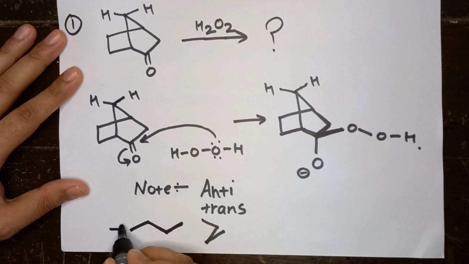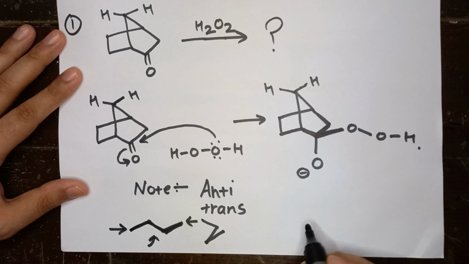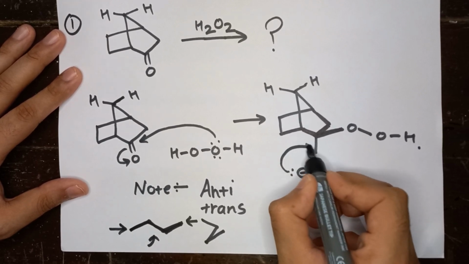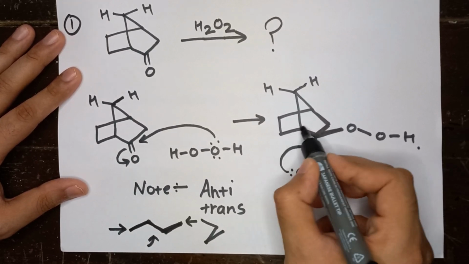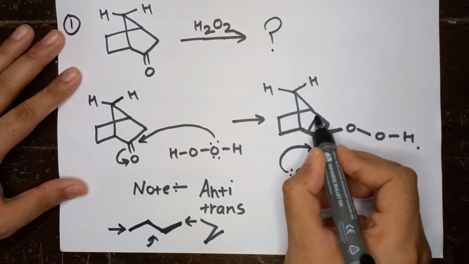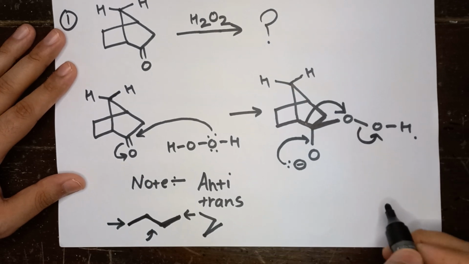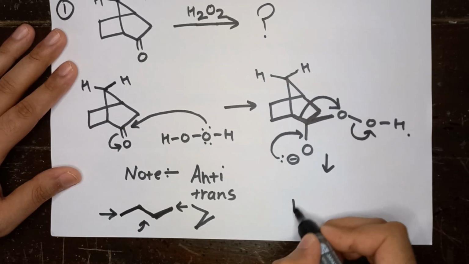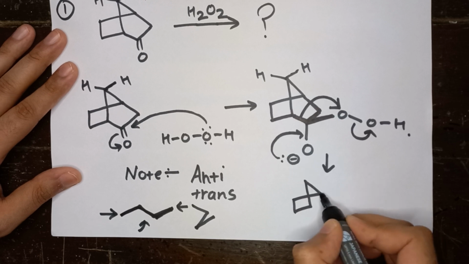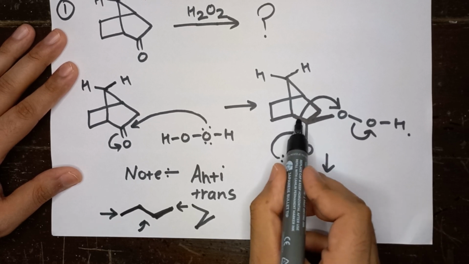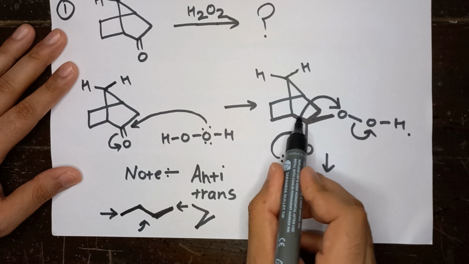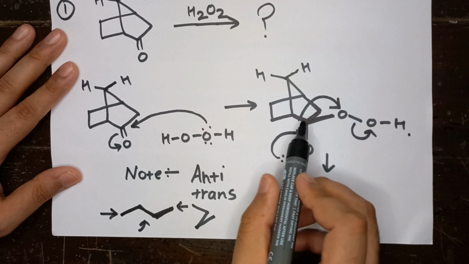So these are completely opposite to each other, a trans system. This is how a trans bond will look. You have to remember this. So this oxygen will form a double bond. Okay, so this is a trans system. So this particular bond will migrate towards this oxygen and this whole group is going to leave. And you generate, this time oxygen will be inserted here because this group or this bond has migrated. So I am going to insert my oxygen here.